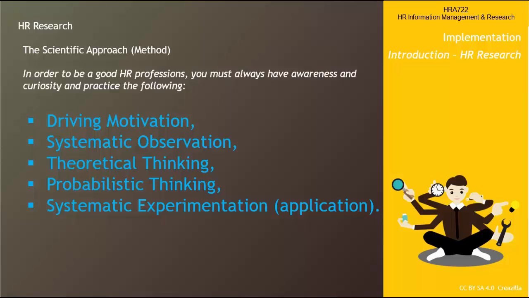And the last thing is you're going to systematically apply. Now, I'm going to use the word experimentation here, but going forward, don't use the word experimentation in HR ever, okay? It's application. You're not just going to do what you think will work. You're going to do it properly, systematically. Take notes. Do it in a timed manner. You're going to observe.